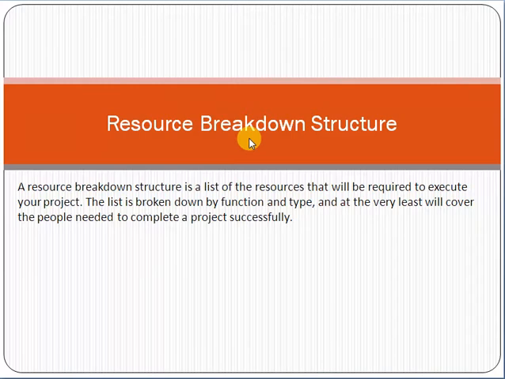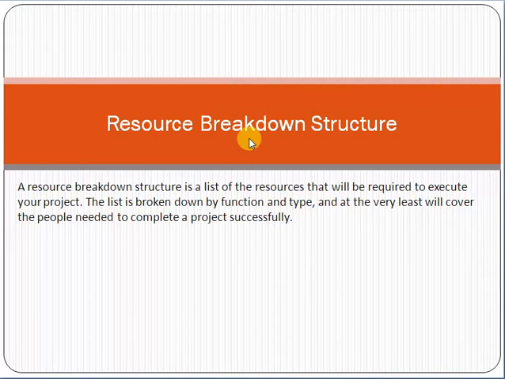Then the next thing is that you must list down or break down the resources properly. So resource breakdown structure is a list of resources that will be required to execute your project. The list is broken down by function and type. Whatever resources are required, we must divide them by function and type.